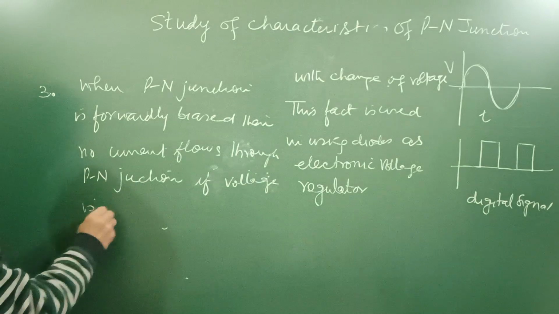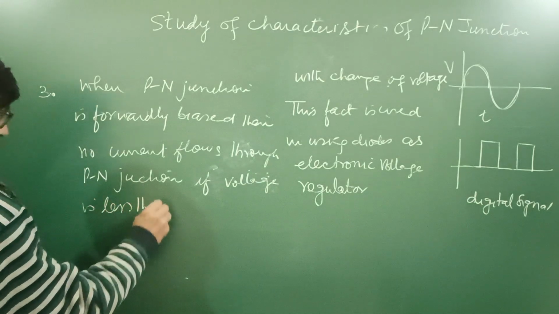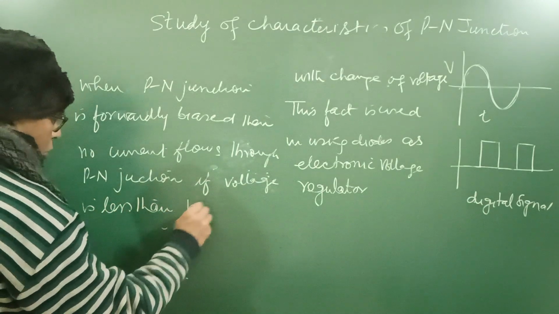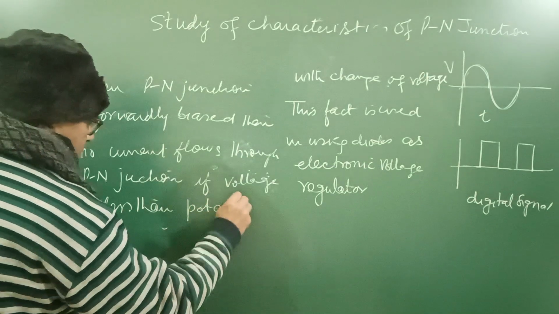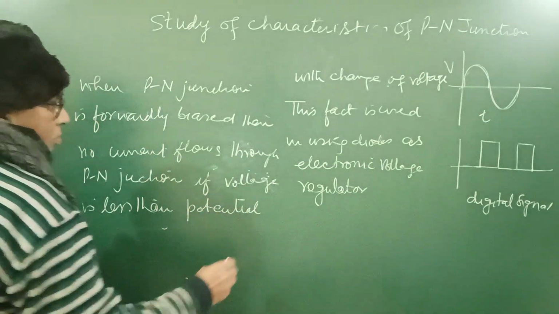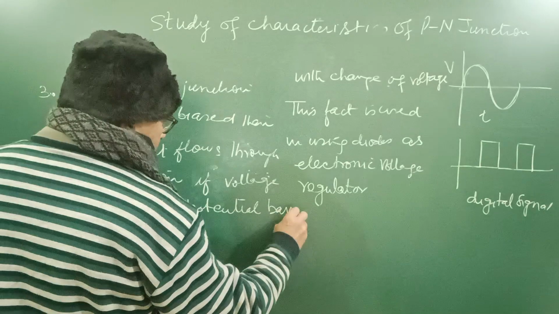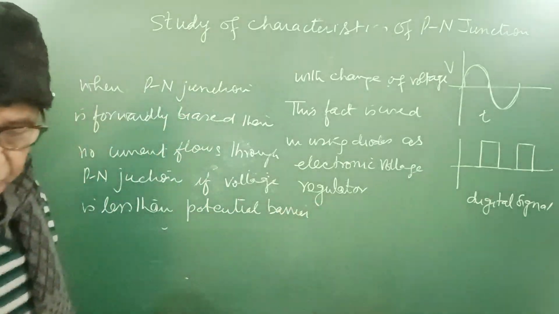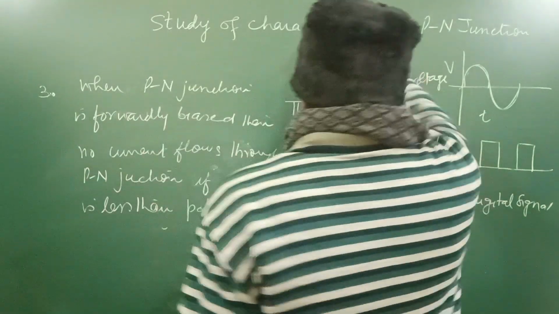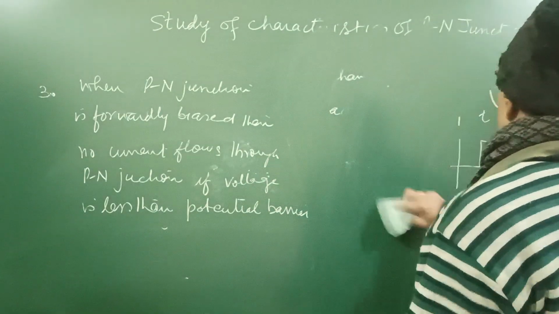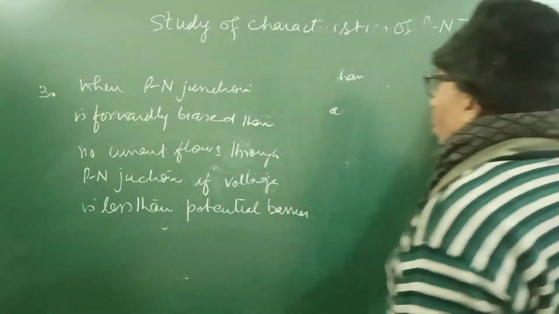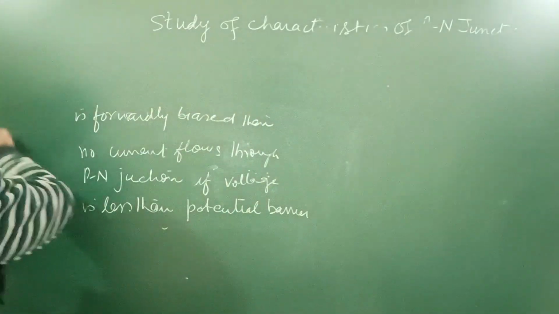No current flows through the PN junction circuit if the applied voltage is less than the potential barrier.